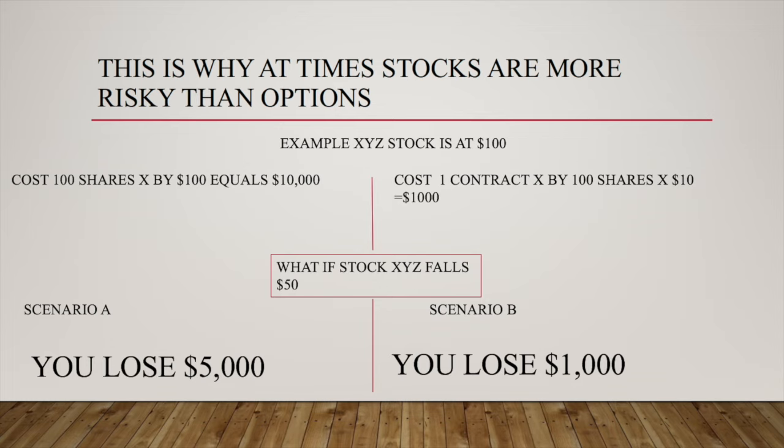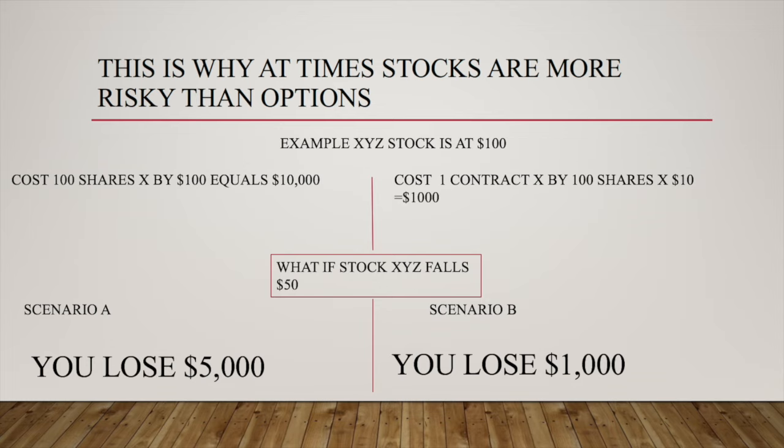Now let's assume that XYZ stock falls $50, which could happen. Just say it had bad earnings this quarter, and people start to sell off. Okay, now you have two scenarios. With stocks, scenario A, you lose $5,000, because from $100 you lose $50, you're left with $50 basically. So $50 times 100 is $5,000.